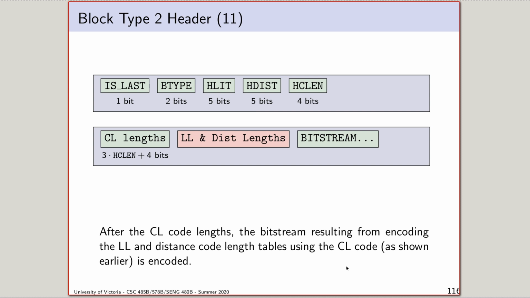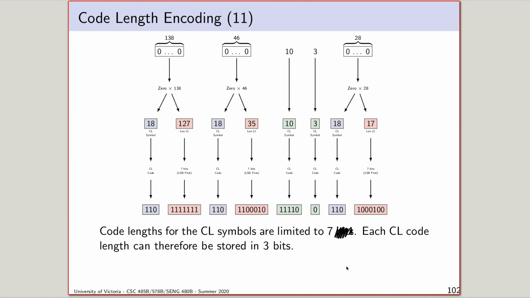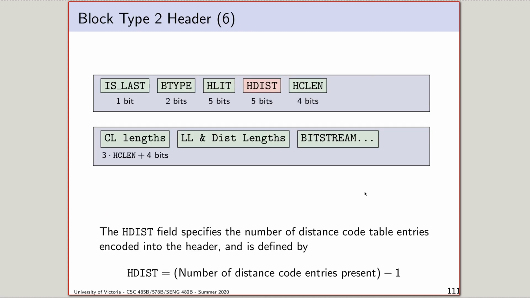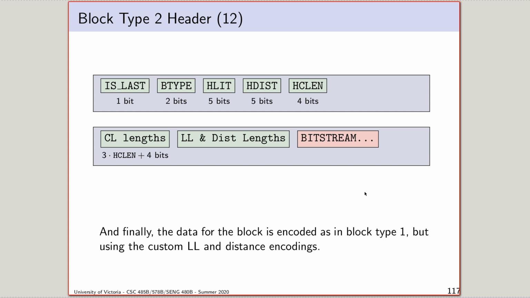I then store that bit stream that results from using my CL code and those offsets to encode the length tables. I store that entire bit stream. And then finally, after that, I store the encoded bit stream for the block's data.